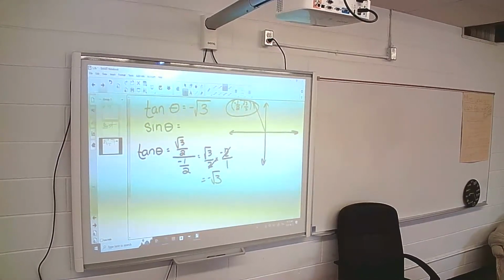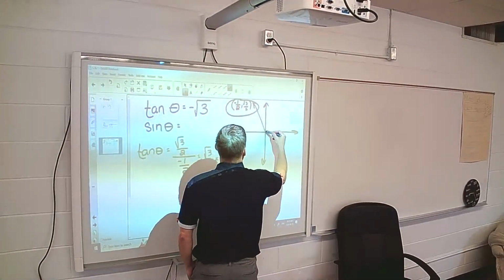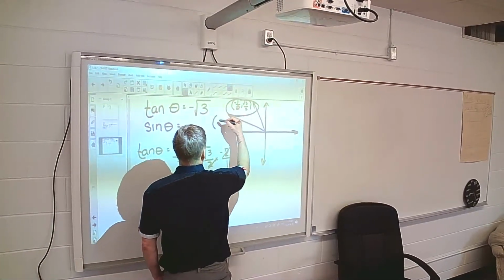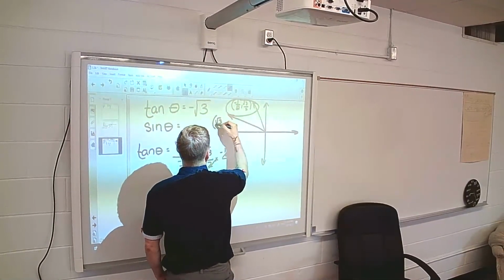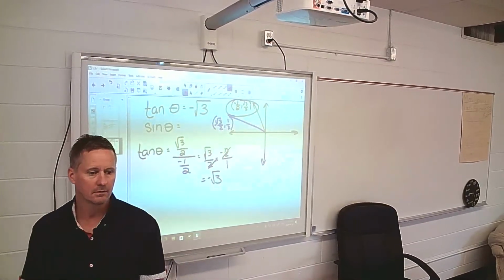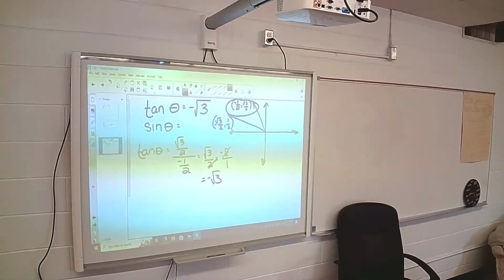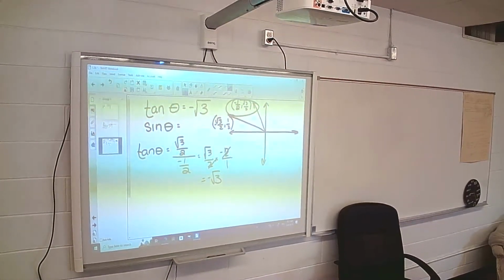The alternative would have been, if it wasn't that coordinate, I would have checked this one right here, which is -√3/2 and 1/2. I would have checked it. And one of them would have given me the right tan answer. Okay?